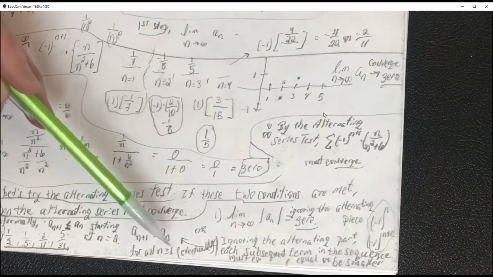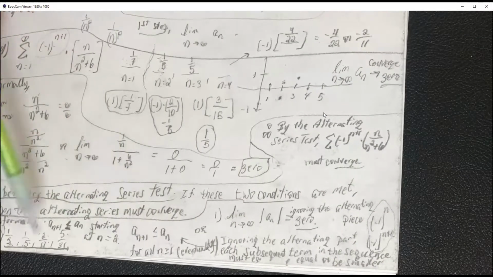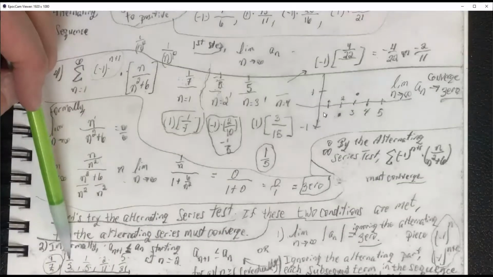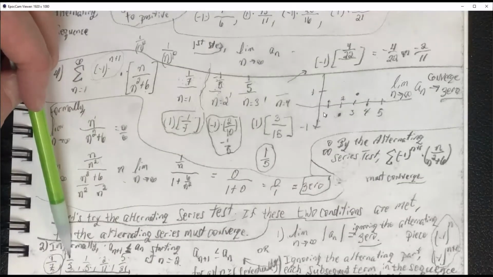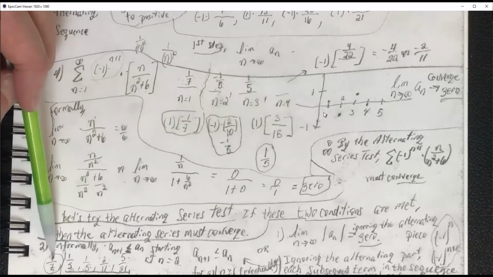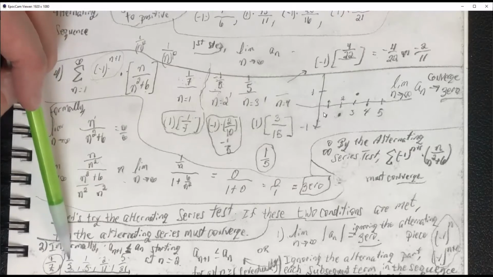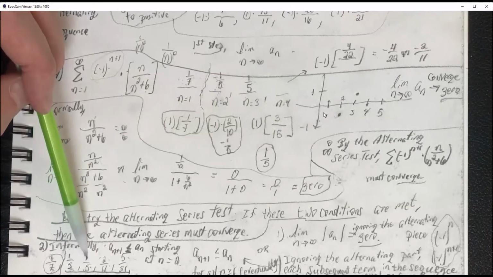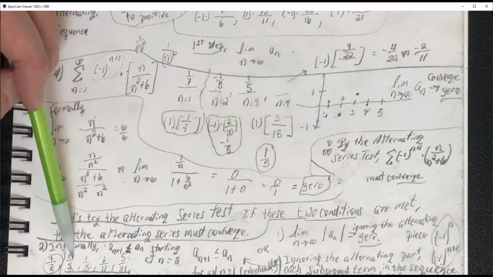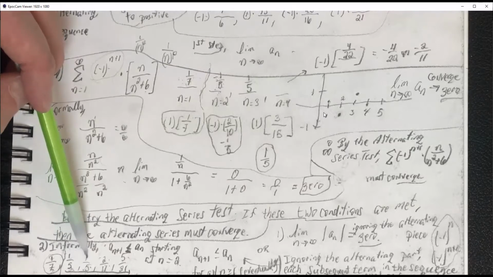And that is, even if the first couple terms, like this term is actually bigger than this one, that's okay as long as eventually, and it does, right? Starting with this term now, this term is right after it. It's not smaller than the one before it, but it is equal.